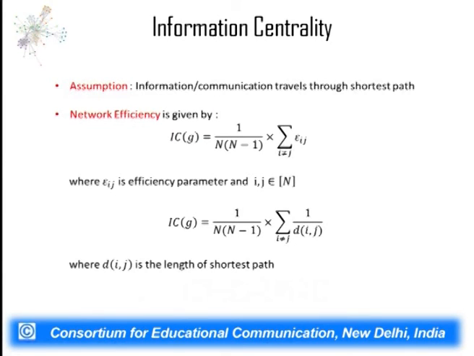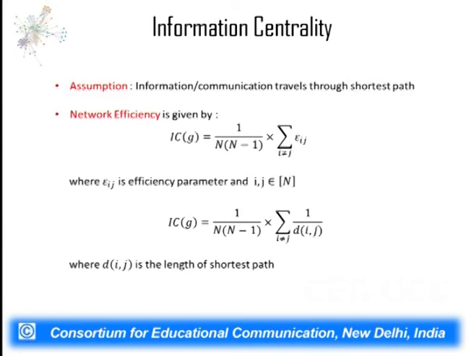Now information centrality. Information often travels through the shortest paths. This is the main idea behind this centrality measure. So the network efficiency will be calculated in the form of this first one here. E_ij is the efficiency parameter, which is again system defined, and if you want, you can change it according to your network model.